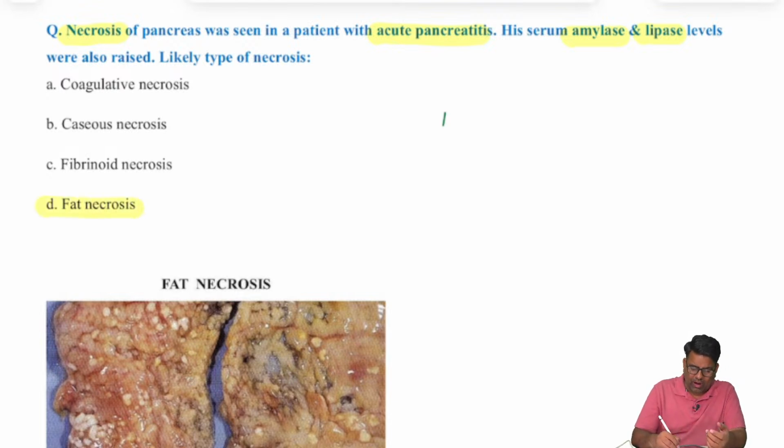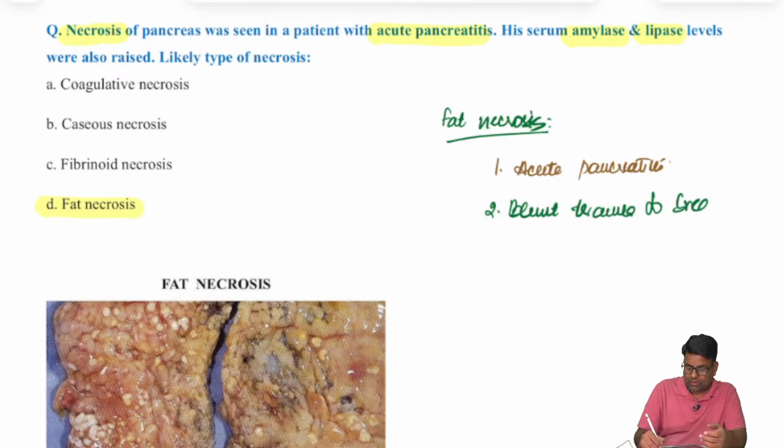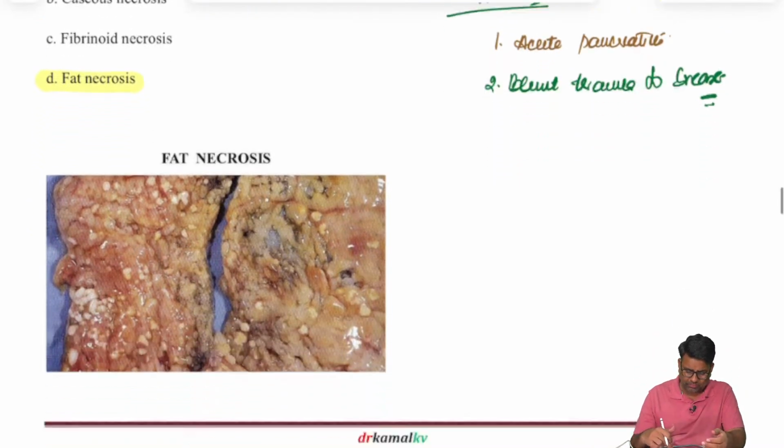In terms of fat necrosis, you need to remember two examples: one is of course acute pancreatitis, and the second is in the breast, blunt trauma. These are the two conditions where we find fat necrosis. So nothing much to discuss in this MCQ.